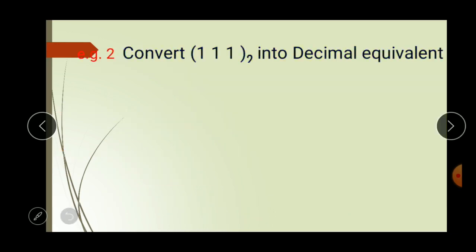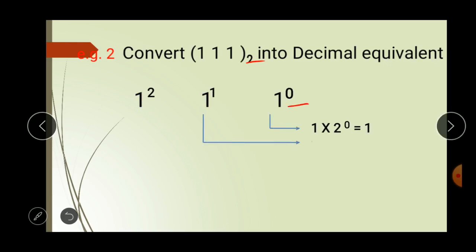Let's have one more example. Convert 111 of binary into its decimal equivalent. We will first write all the digits, that is 1, 1, 1, and then we will place the powers, that is 0, 1, 2 from the right hand side. After that, we will take the first digit and multiply it with 2 raised to its power.